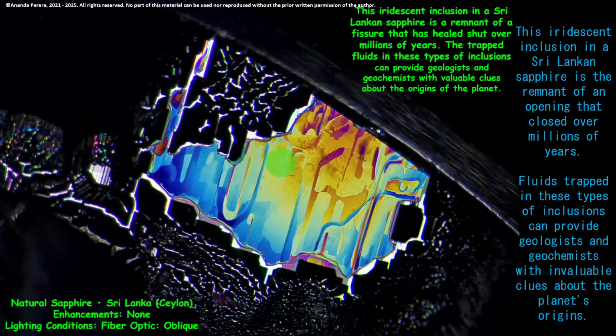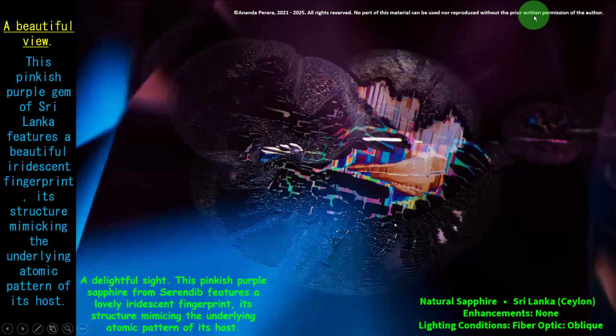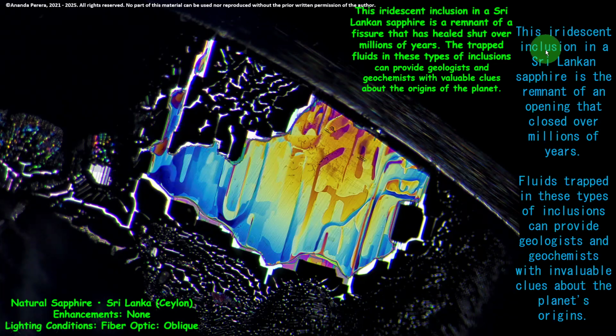Now here, another one. What is here? Look at the picture here. This iridescent inclusion in a Sri Lankan sapphire is the remnant of an opening that closed over millions of years.